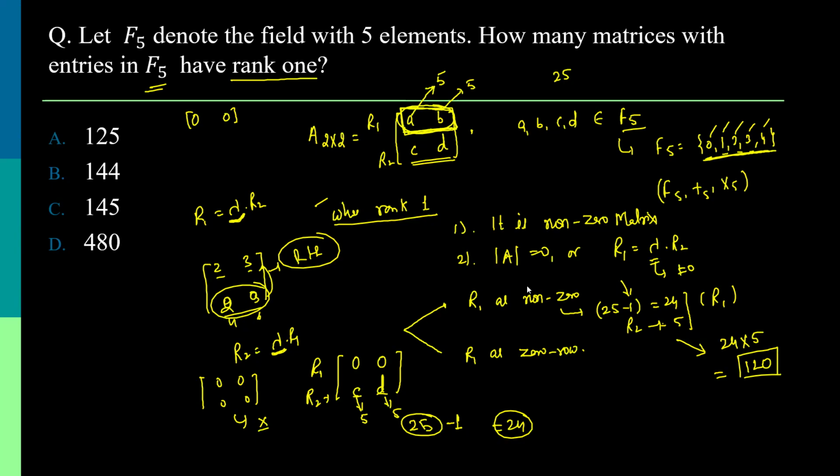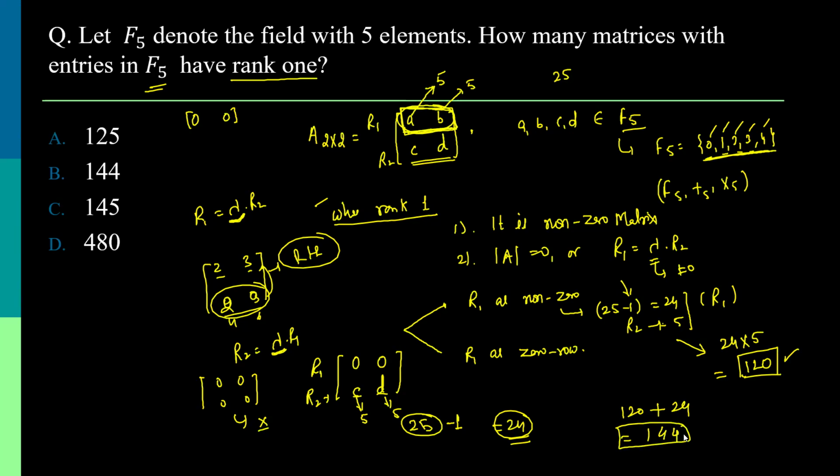So if I make R1 non-zero, I get 120 matrices such that rank is 1. And if I make R1 the 0 row, in that case I get 24 choices where the rank of A comes out as 1. Now the total number of choices, case number 1 or case number 2, that means 144.